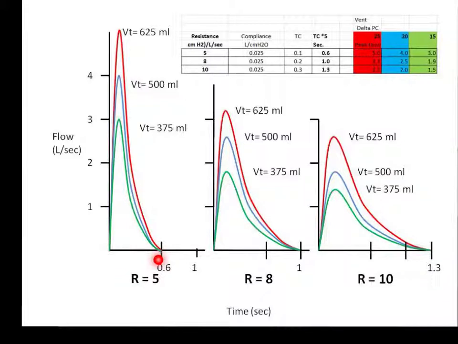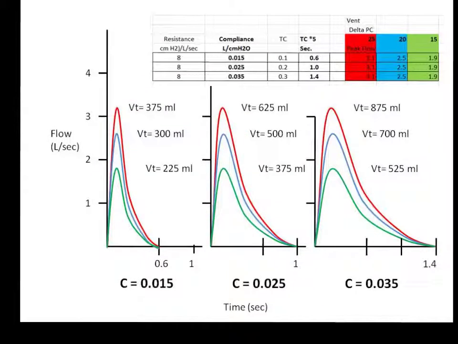All right? Now, normally, for most patients, we're going to have a kind of a set resistance. That's not going to change very much. So you might want to look at this diagram. It's a little bit complex, and it takes a little while to digest. Now, in this complex diagram, once again, I've established the same ventilator parameters here. And this time what I've done, though, is I've kept the resistance constant.